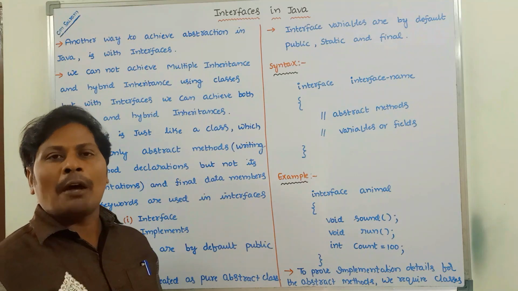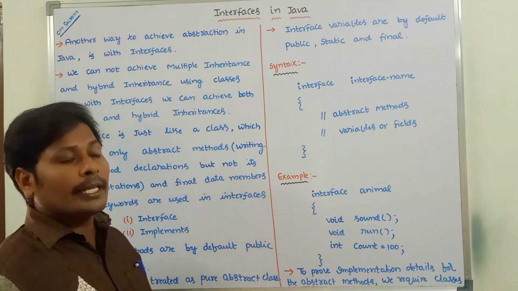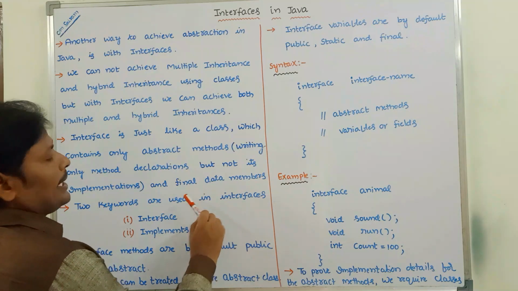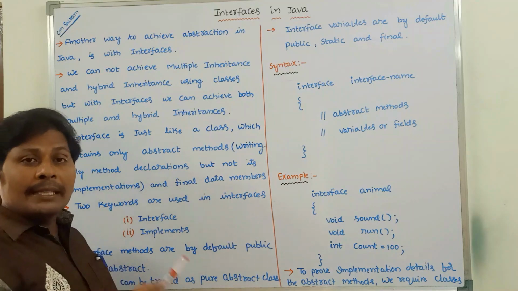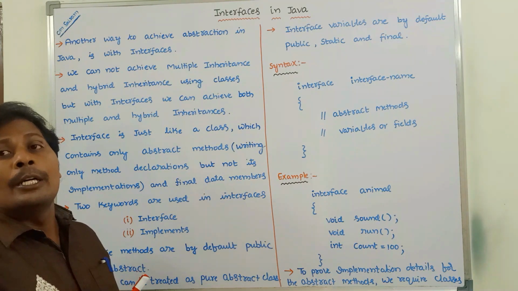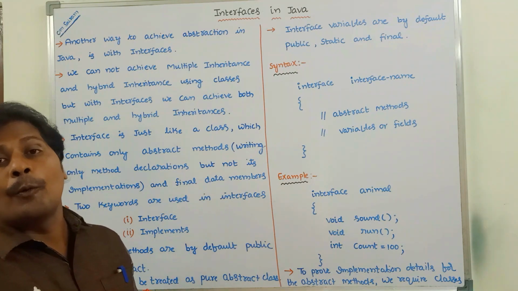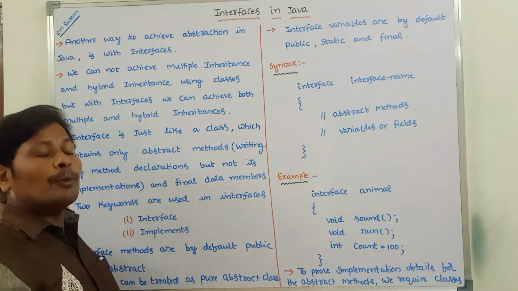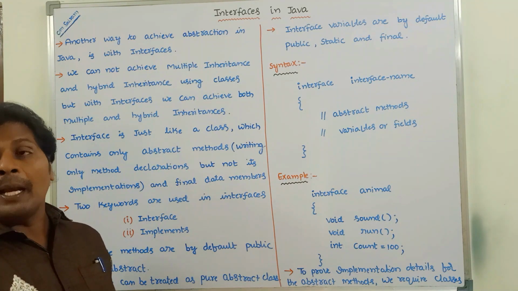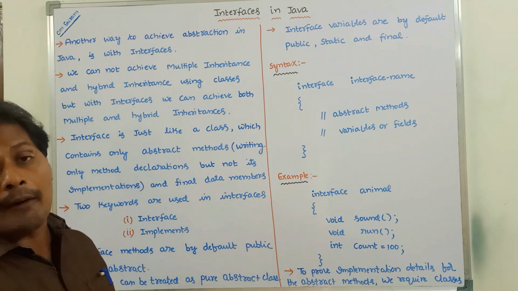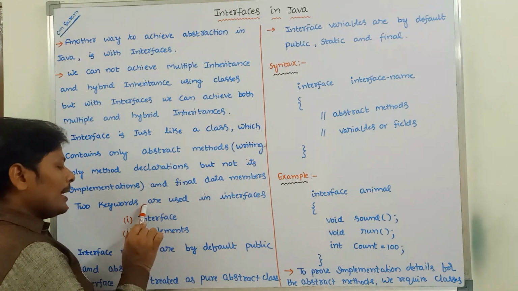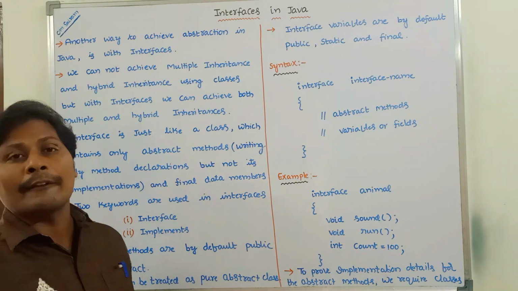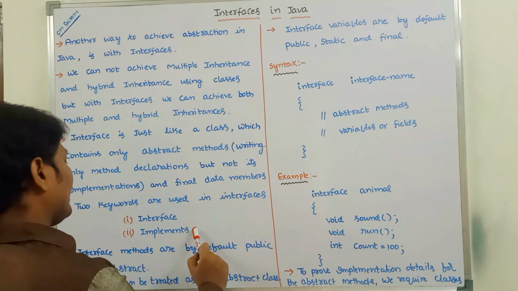To create an interface, we use the keyword interface. Whatever methods are declared in the interface, to provide the implementation for those methods, we have to use the keyword implements. So, for creating the interface, we use the keyword interface, and for implementing all the methods of an interface, we use the keyword implements.